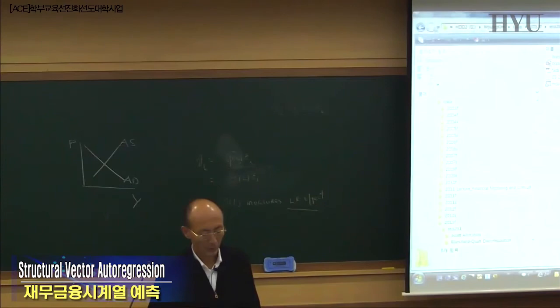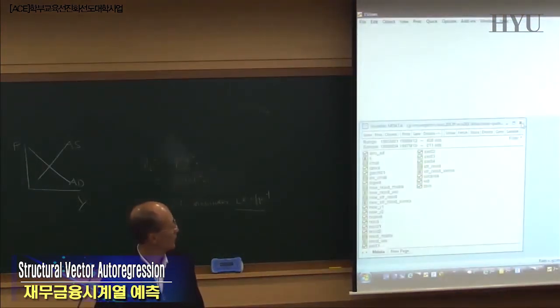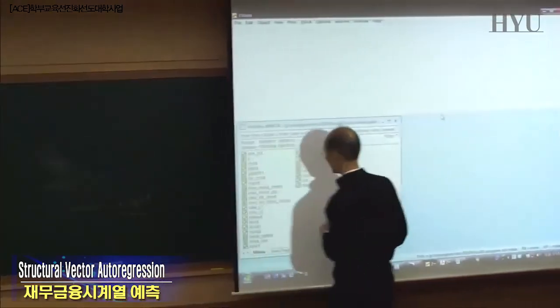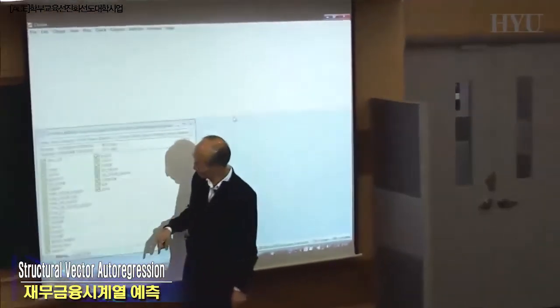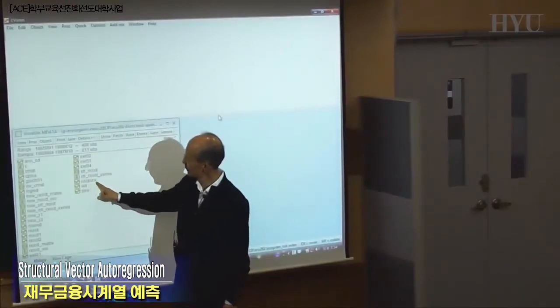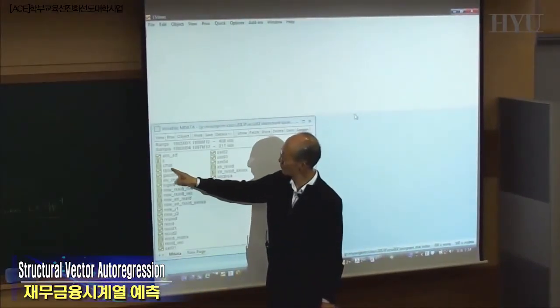Then this is the data, where you start with the dollar exchange rate and US CPI seasonally adjusted, Korean CPI seasonally adjusted.